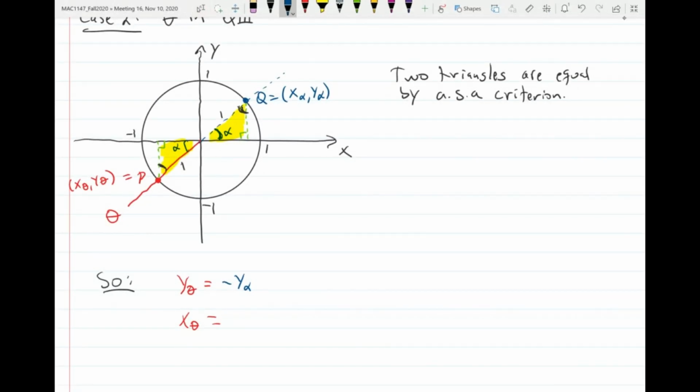Very good. It's going to be minus x alpha. So therefore, this time, what do we obtain? So this time we have that the sine of theta, which is given by the y of theta, and the cosine of theta, which is given by the x. What are they equal to? This is equal to minus sine of alpha, and this is equal to minus cosine of alpha.